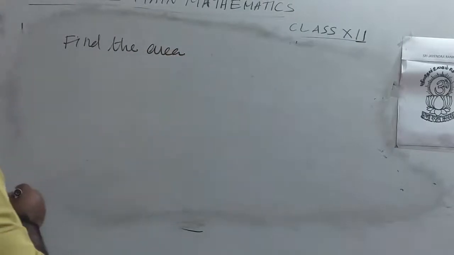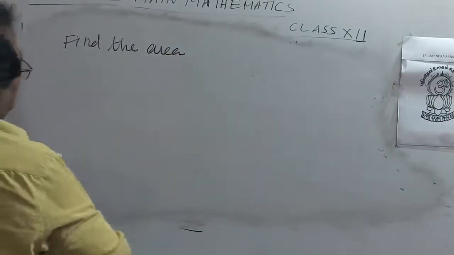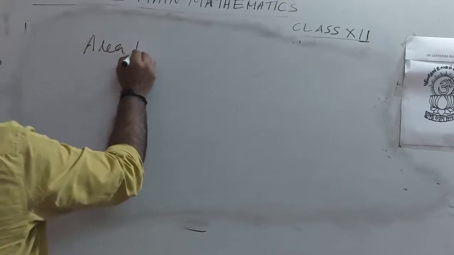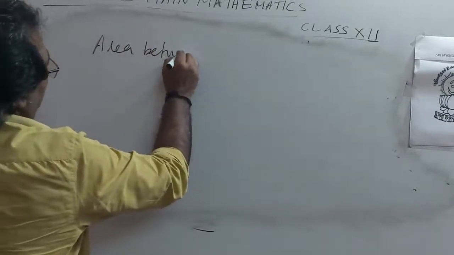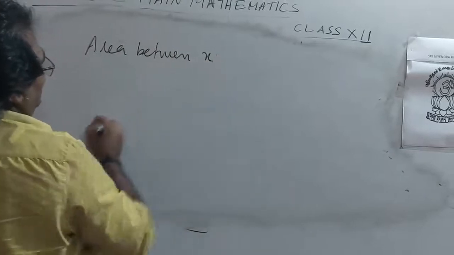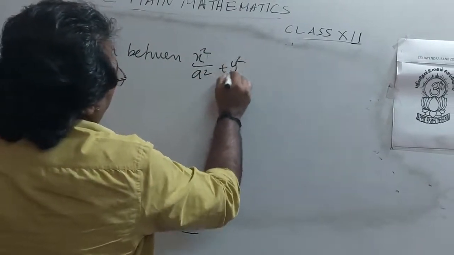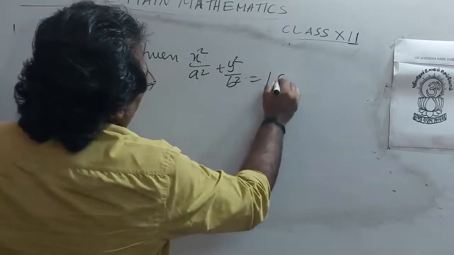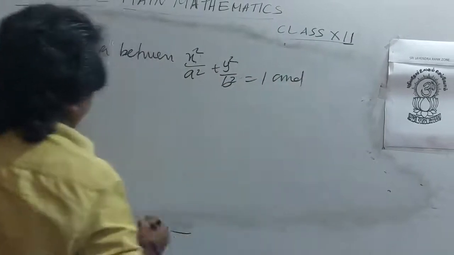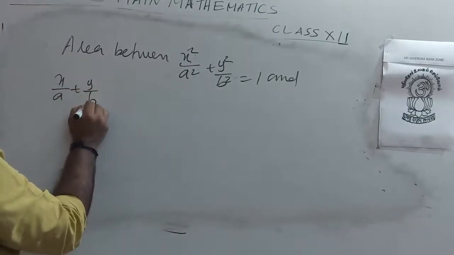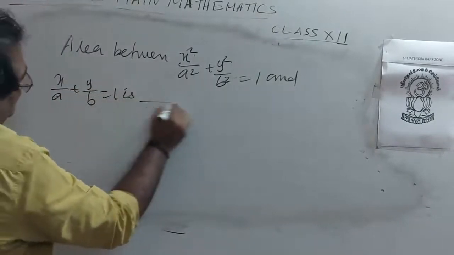Find the area between x squared by a squared plus y squared by b squared equals 1 and x by a plus y by b equals 1.